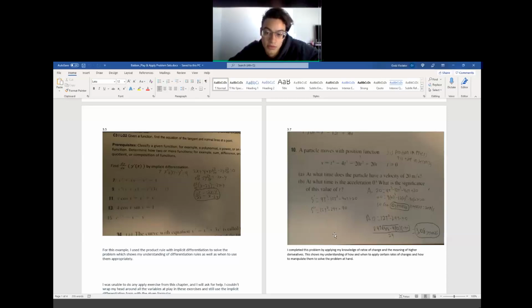So then I just plugged it into the quadratic formula, solved it out, and got 5 seconds. And for part B, I took the derivative once again and set 0 equal to that. Once again, it's a quadratic equation, so I used the quadratic formula on that. And I got 3.08 seconds.